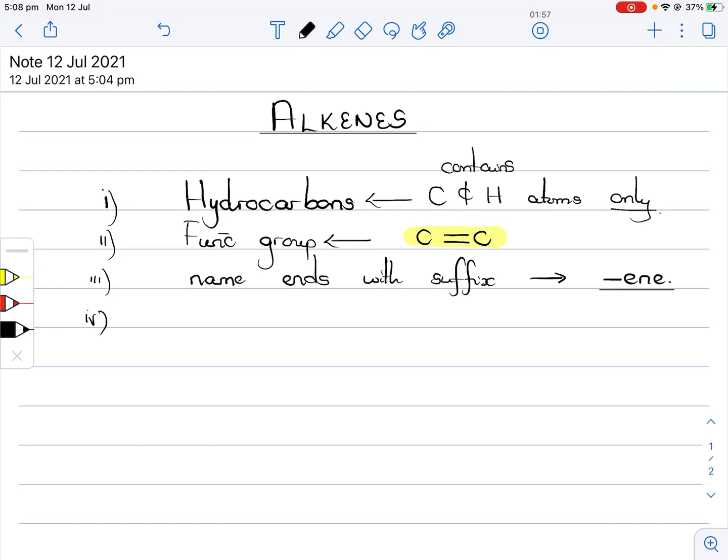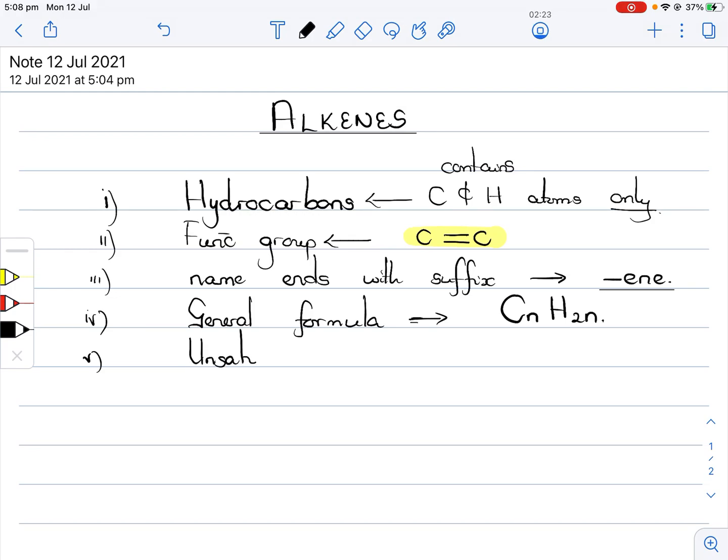Number 4, their general formula that we use to find the formulas of all the existing alkenes, if we know what n is. So their general formula is given as CnH2n.